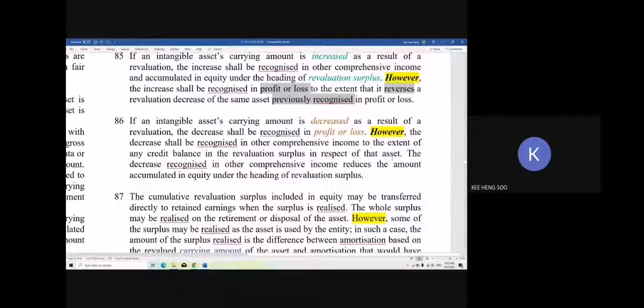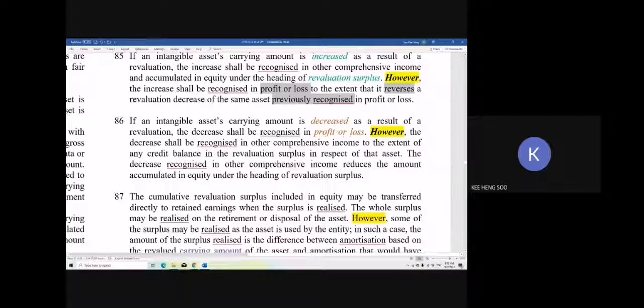However, the increase shall be recognized in the credit side of SPL as income to reverse a decrease previously recognized in the debit of the SPL as an expense. Can you catch up? It's the same. So decrease according to prudence should be P&L.